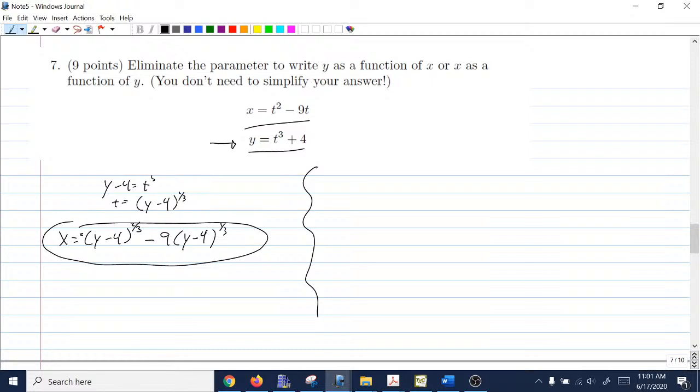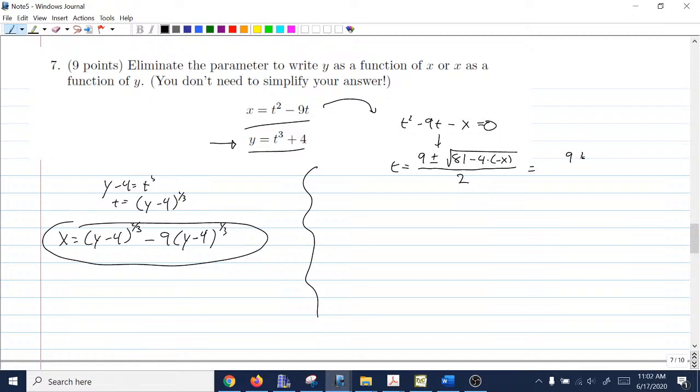To do it the other way around, I need to take this and solve it for t, which is doable but more of a pain. I get everything to one side because it's a quadratic, t squared minus 9t minus x equals 0. When I'm trying to solve for t, I'm pretending that x is a constant, so I can use the quadratic formula here. t is going to be the opposite of b, plus or minus the square root of b squared, which is 81, minus 4 times a, which is 1, times c, which is negative x, all over 2a, which is 2.